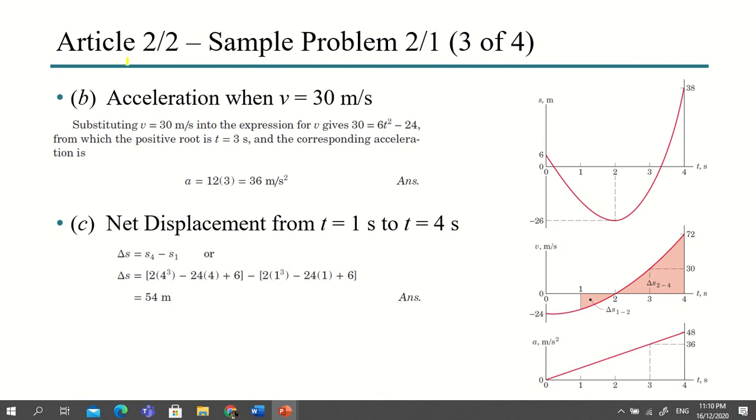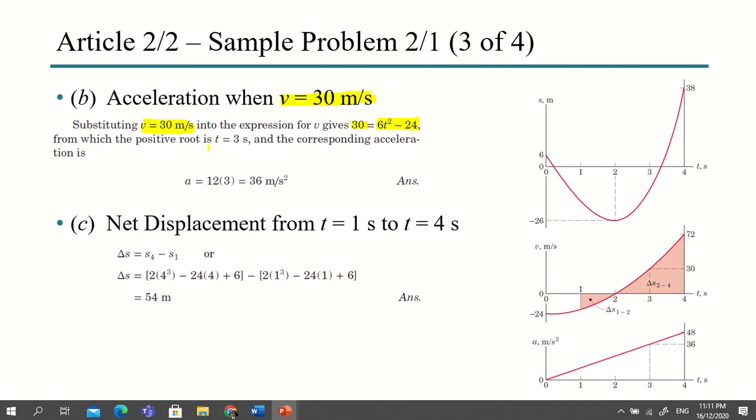Now for B, the acceleration when v equals 30 meters per second. What is the acceleration? Again, we substitute the value for velocity, 30 meters per second, into the equation for the velocity, then solve for t.